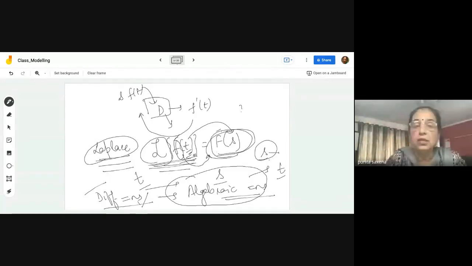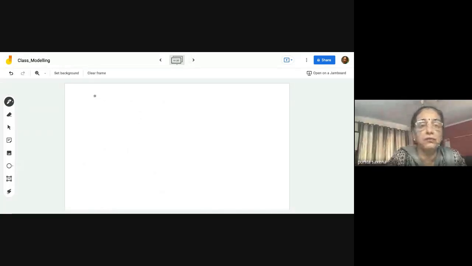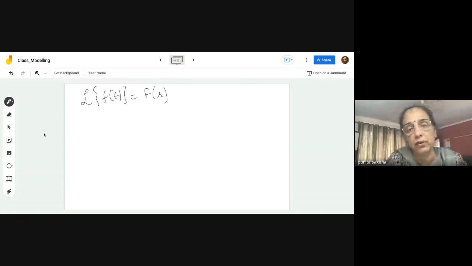So this is the basic use. What we have to just remember is that the Laplace transform, when it operates on any function of t, gives us another function of s.